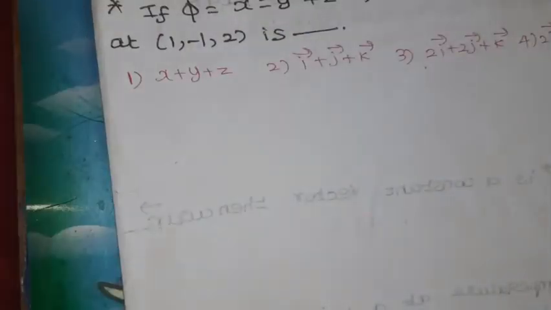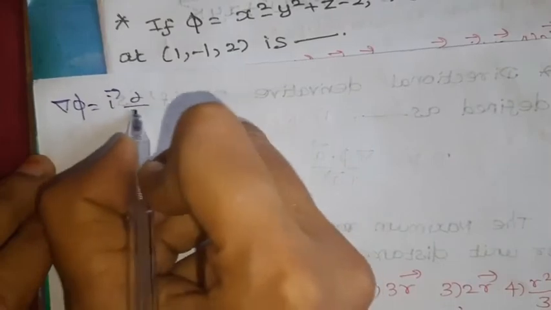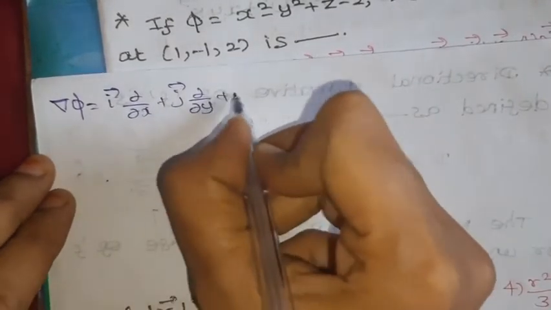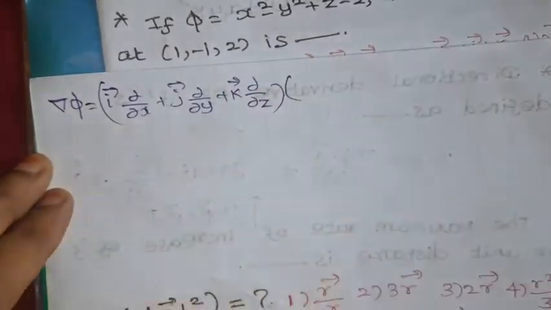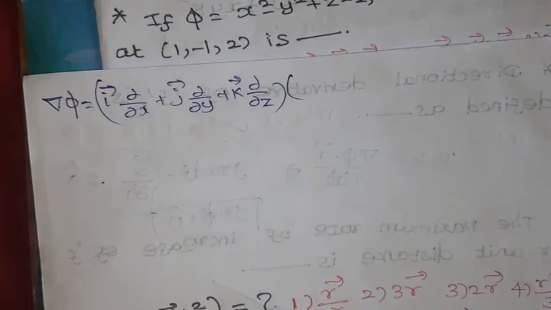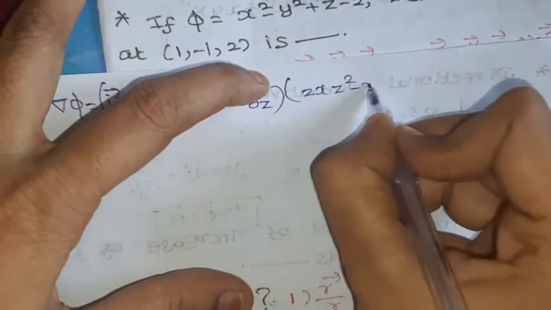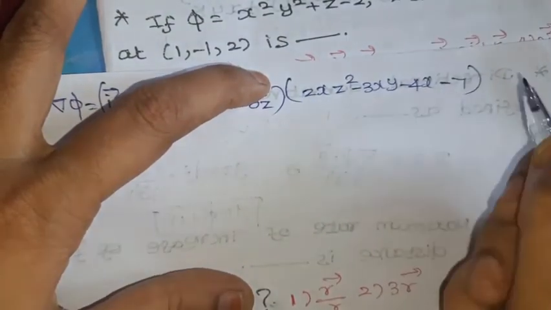So del phi value we are going to find out. So del phi is i into ∂/∂x plus j into ∂/∂y plus k into ∂/∂z, into phi. What is the phi value? 2xz squared minus 3xy minus 4x minus 7.